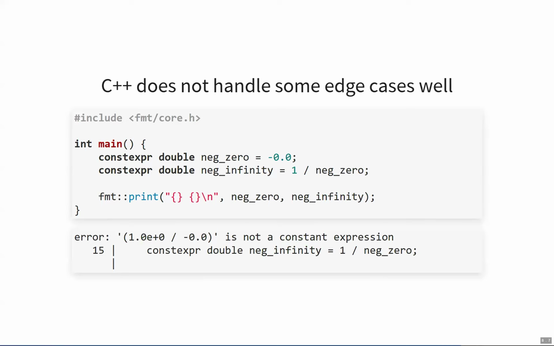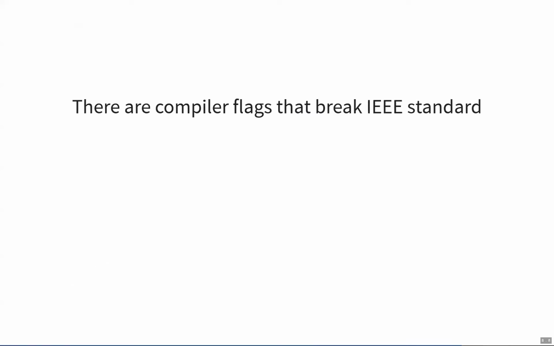So constexpr tries to stop you from doing undefined things. This means, oh, but you are dividing by 0. This is undefined, and so it can't happen at compile time. But this is IEEE. This is not undefined. This has a perfectly reasonable meaning. Anyway, you can break the predictability with compiler flags.